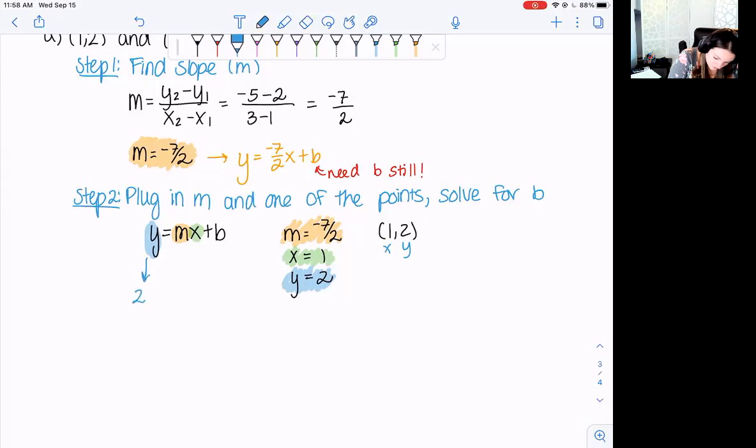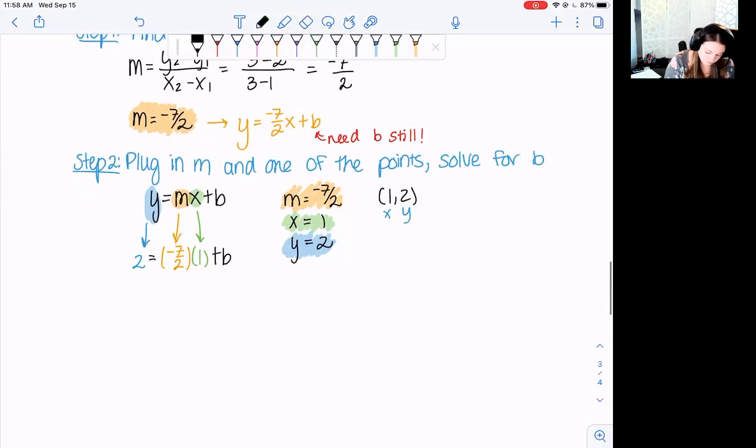So 2 is equal to, our m is -7/2, x is 1, plus b. So this is 2 equals -7/2 plus b.